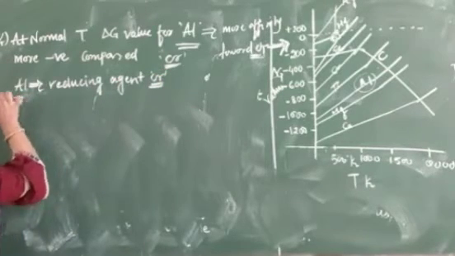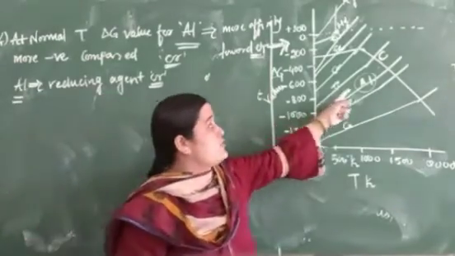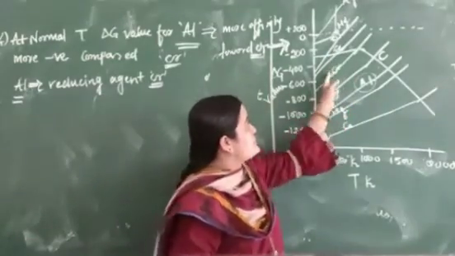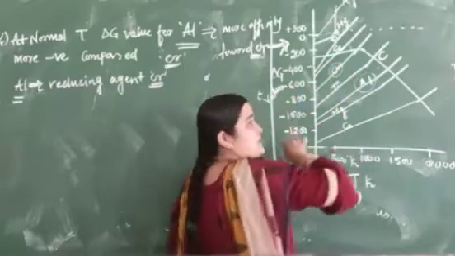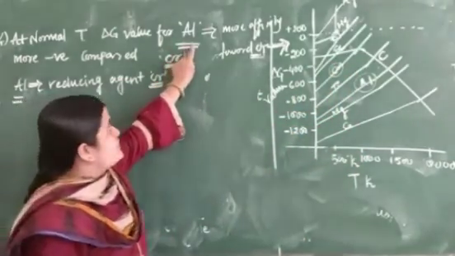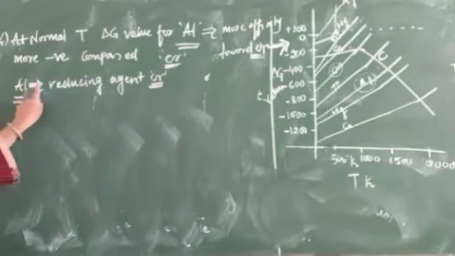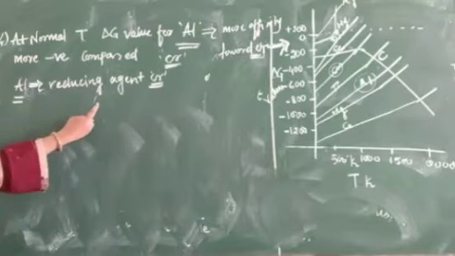What I have told, fourth one, at a normal temperature, delta G value for aluminium is more negative as compared to chromium. So it indicates aluminium has more affinity towards oxygen, so it can easily form the metal oxide. So aluminium can be used as a reducing agent for Cr.